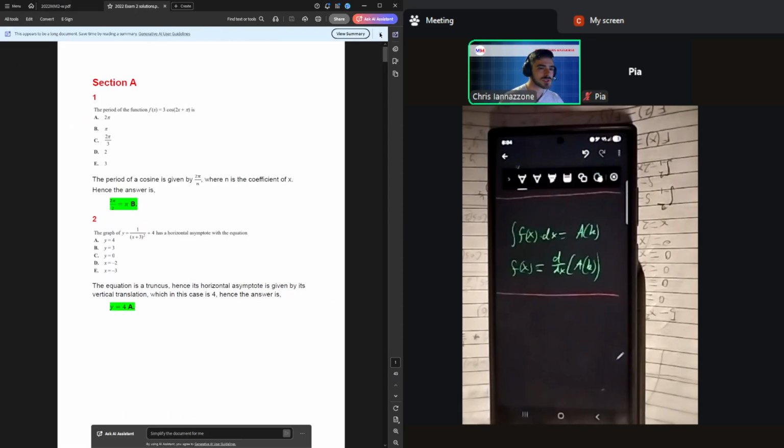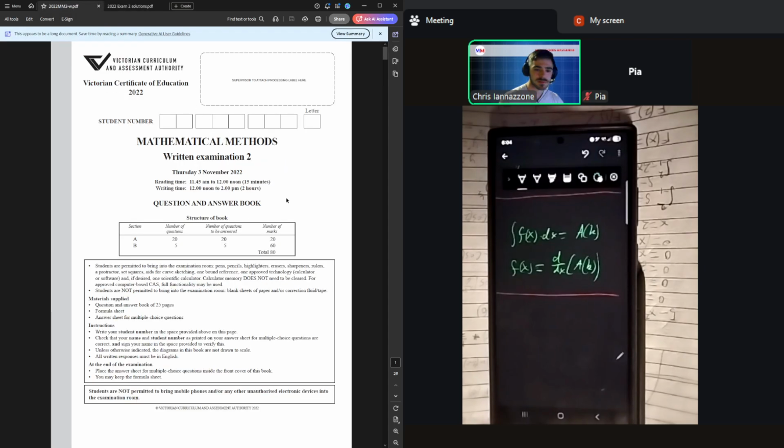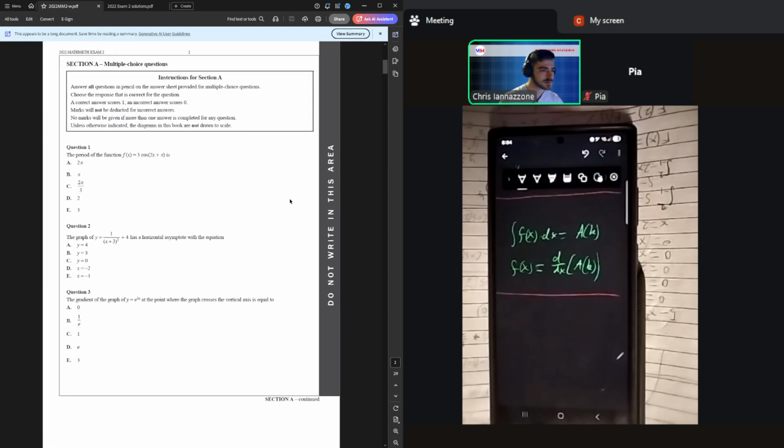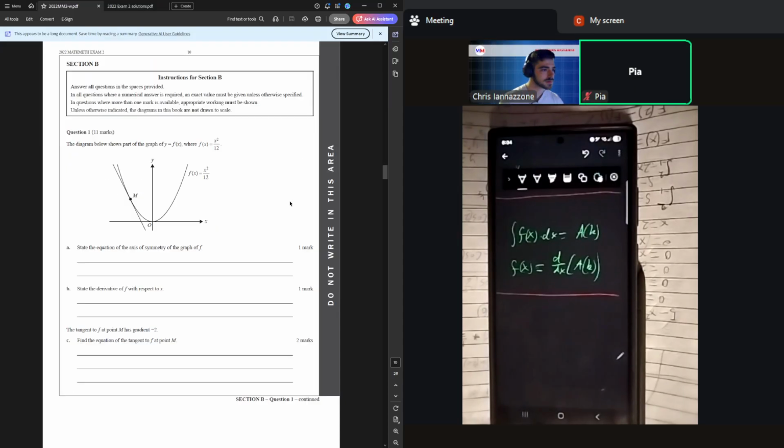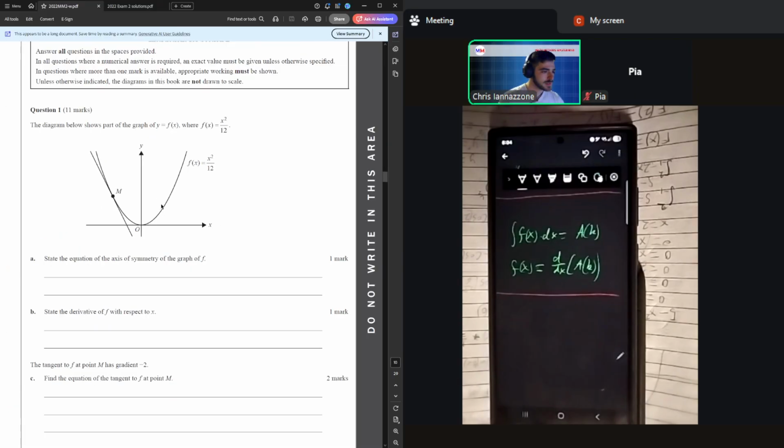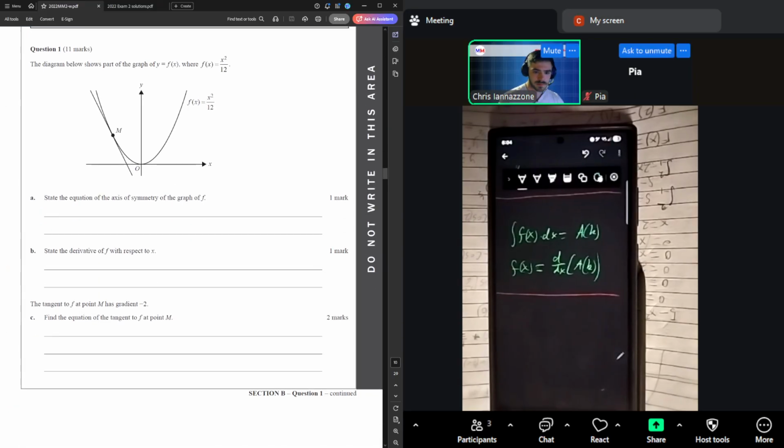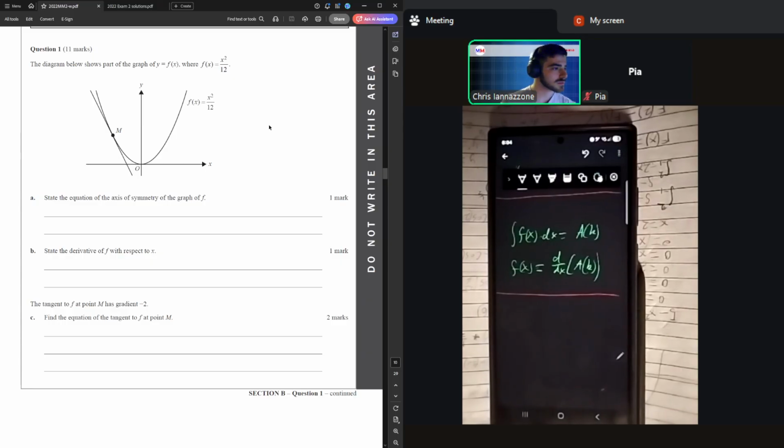Do you want to look at multis at all, or are you happy to just go straight to extended response? I think extended response would be good. Yeah, sounds fair. Still screen sharing? Yeah, cool. So you've got your copy of the PDF and the solutions along with that if you would like to follow along there.